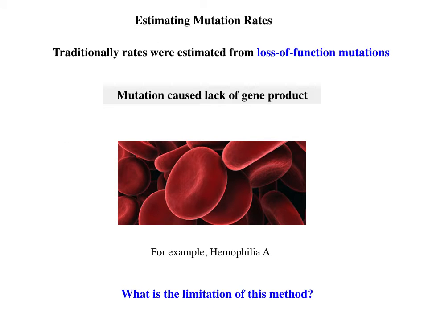So mutation rates are important for generating genetic diversity, and so it's important for us to be able to estimate mutation rates. Traditionally, we would look for what we call loss of function mutations, so some sort of physical manifestation of a mutation, as is the case here, hemophilia.